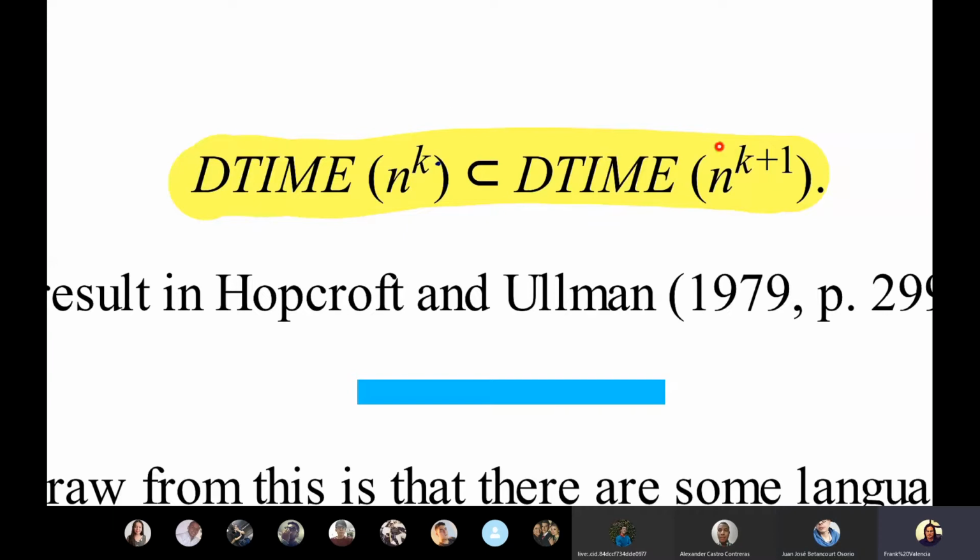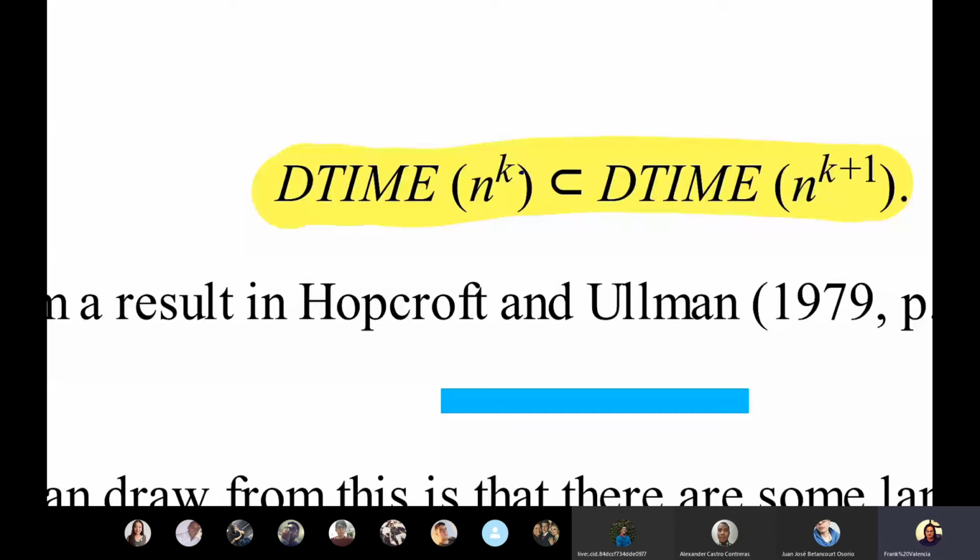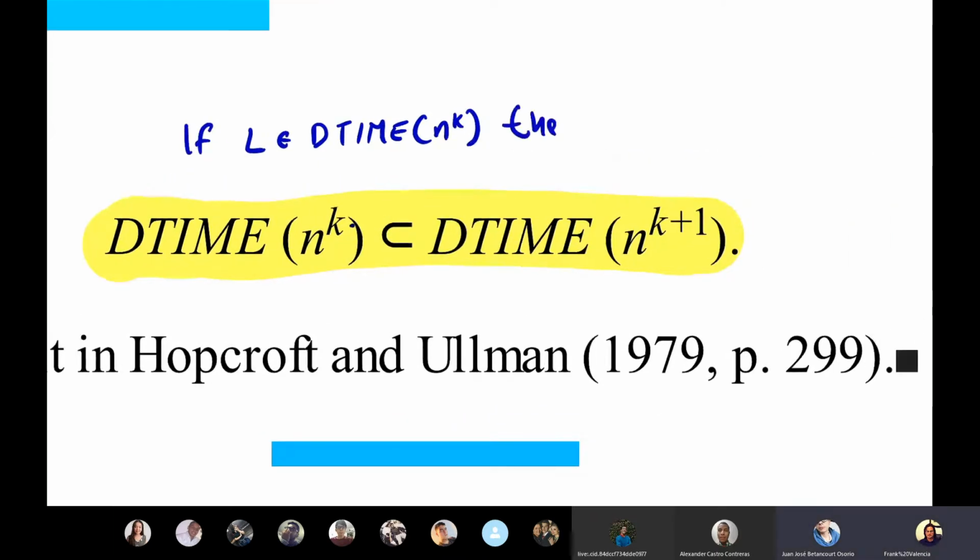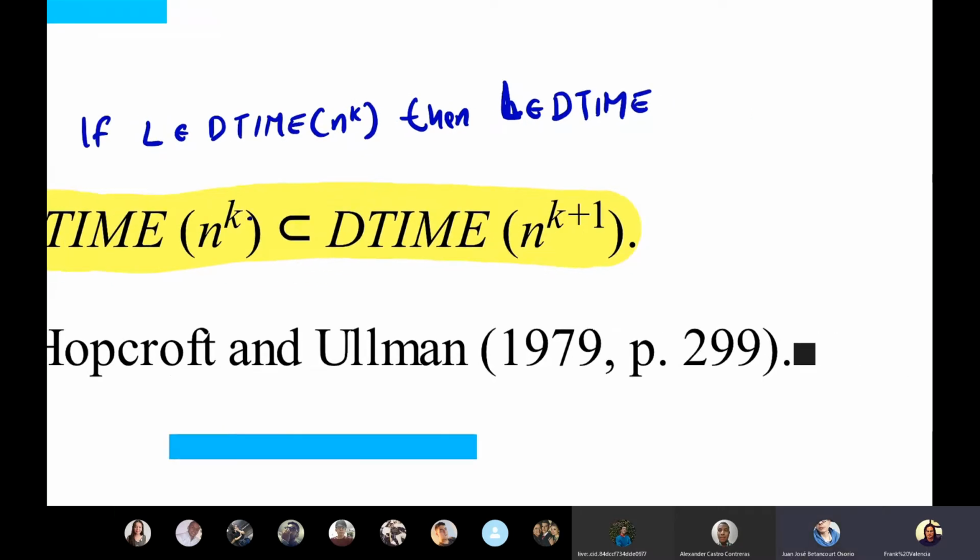to prove this, what do you have to do? To prove that for every L, if L belongs to the time n^k, then L belongs to the time n^(k+1).